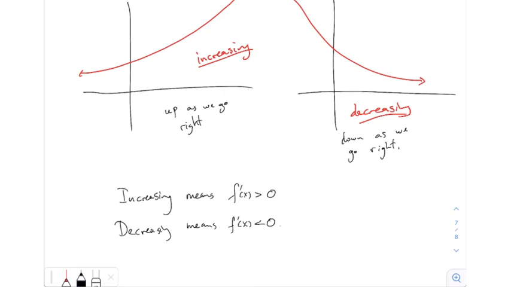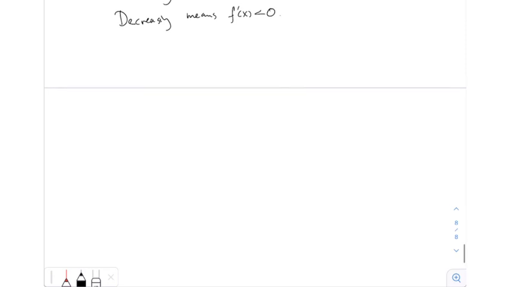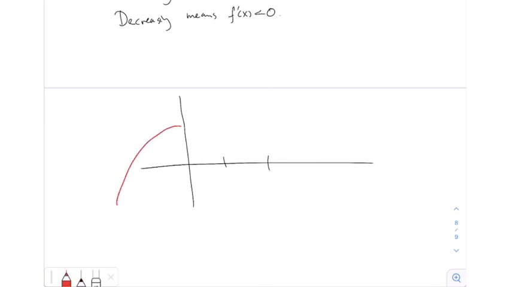And a typical function is not going to be just one or the other. Usually a function has portions which are increasing and portions which are decreasing. So a typical example might look like this, and then it comes down to there, and it goes back up. This function is sometimes increasing and sometimes decreasing.